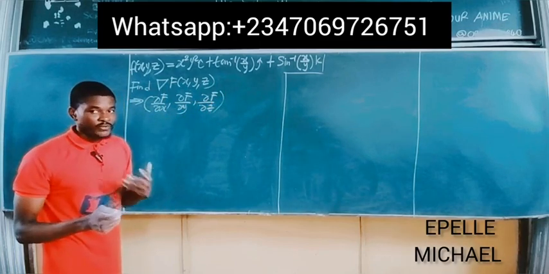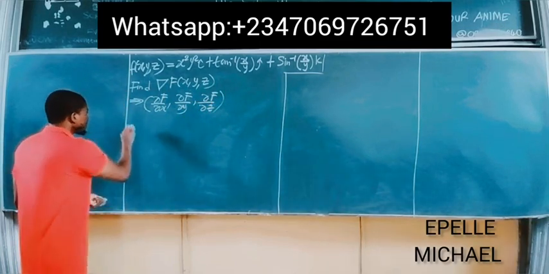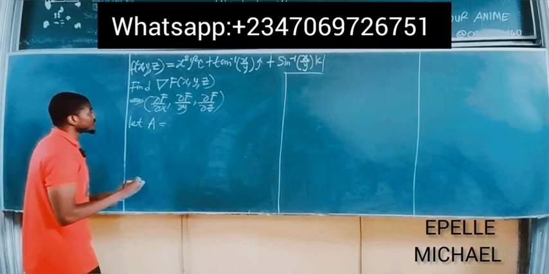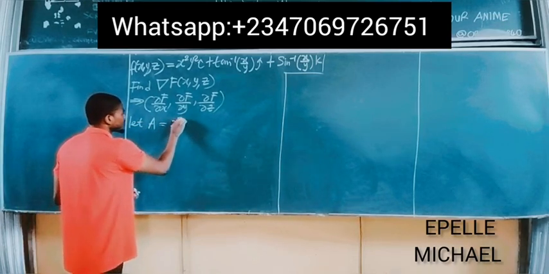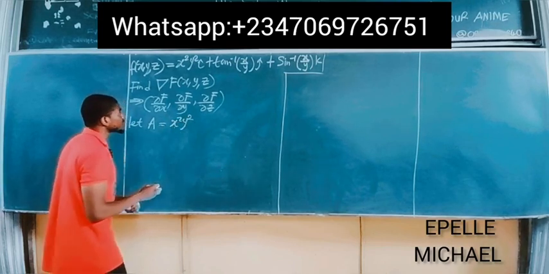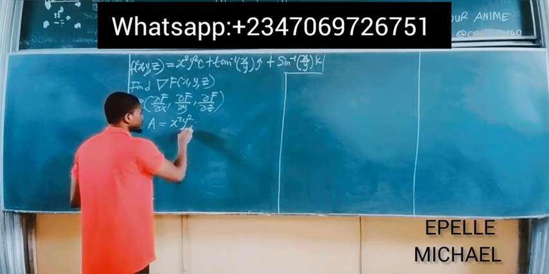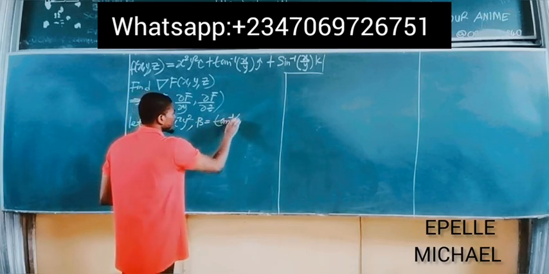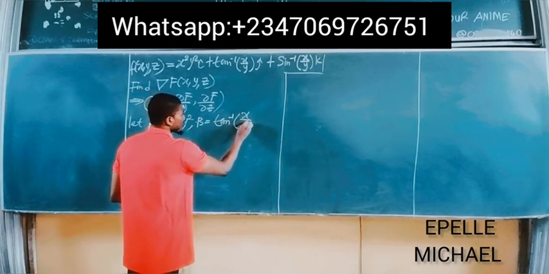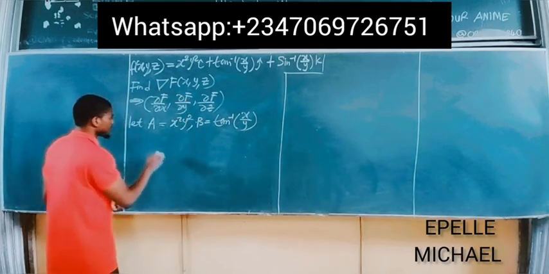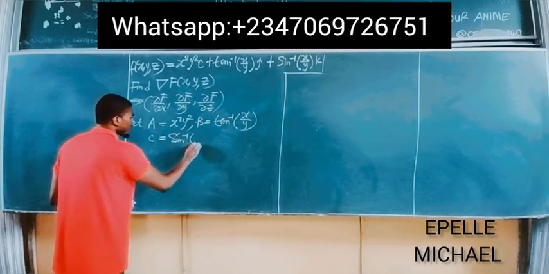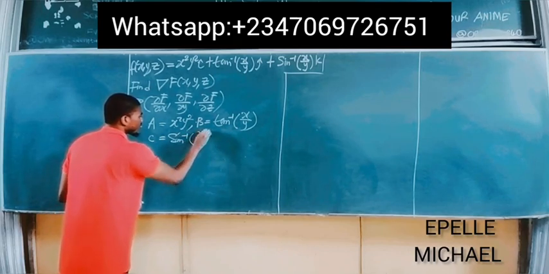Okay, so I have a triple addition function here. Just like in the previous video, to break it down in bits, let a be x squared y squared, and b be equal to tan inverse of x over y, and c be equal to sine inverse of x over y.